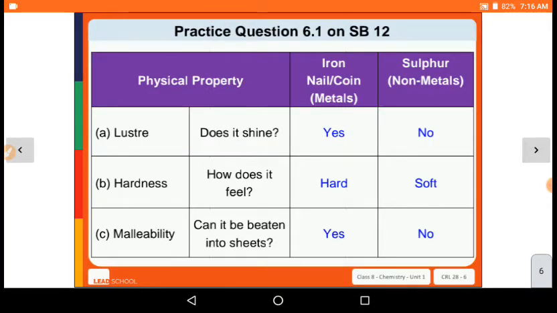So from this activity we learned the luster, hardness and malleability of a coin and sulfur. The coin is a metal and sulfur is a non-metal. Based on this, let's now summarize the properties of metals and non-metals.